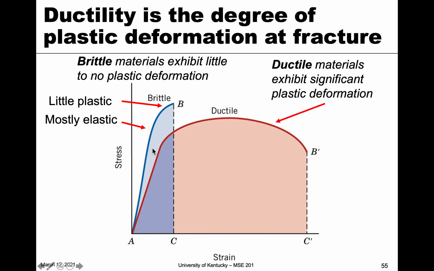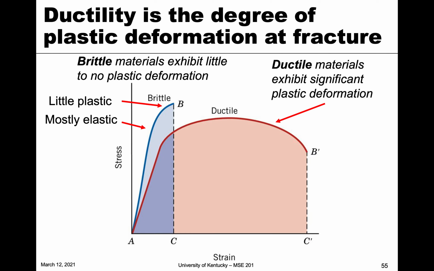As opposed to a ductile material, which we've seen in the last couple of modules, where we have that elastic portion, but then we have a sizable amount of non-elastic plastic behavior. And so when it fails at B, the strain is much higher, right? So there's been a lot more permanent or plastic deformation.